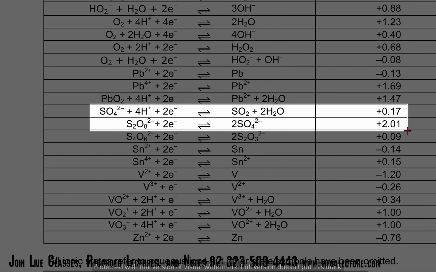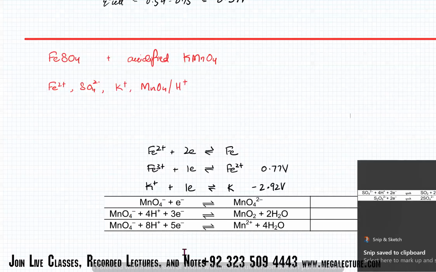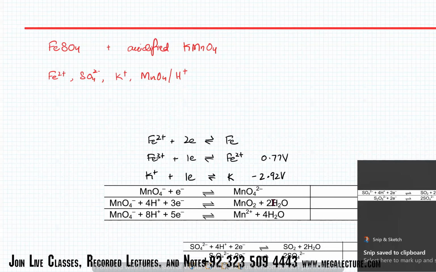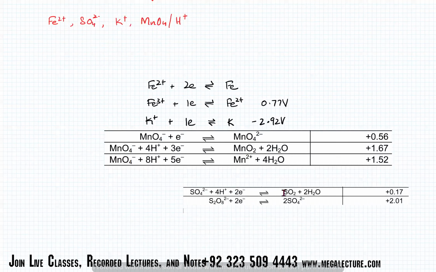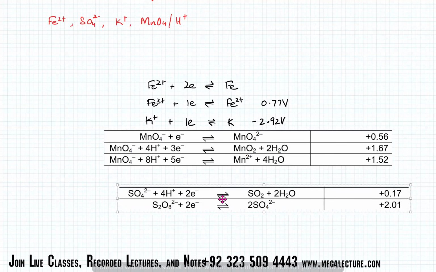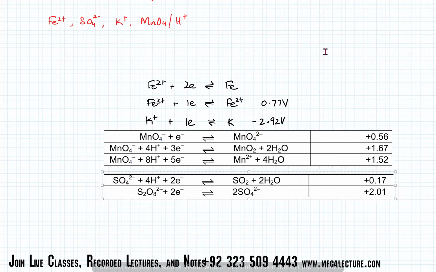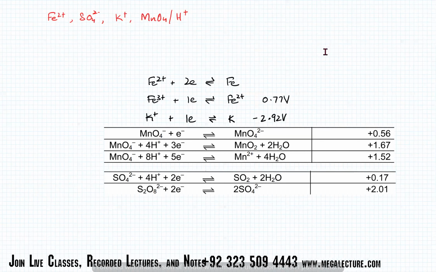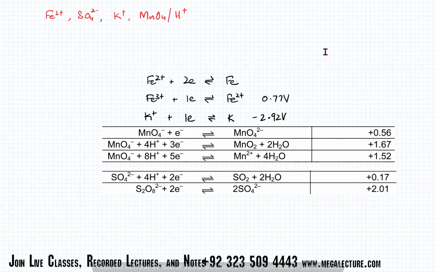Both of them contain SO4 2-. So something is happening to SO4 2- in both cases. I copied this one here too. So I guess those are all possible electrode reactions, right?